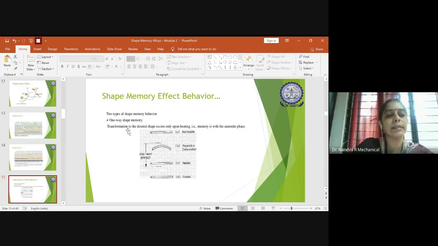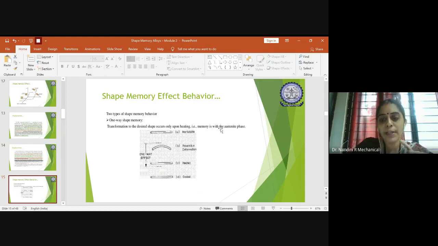Here, the transformation to the desired shape occurs only upon heating. You have the classification of materials with two-way and one-way shape memory effect. In one-way shape memory, the required transformation can occur when you subject it to heating only.